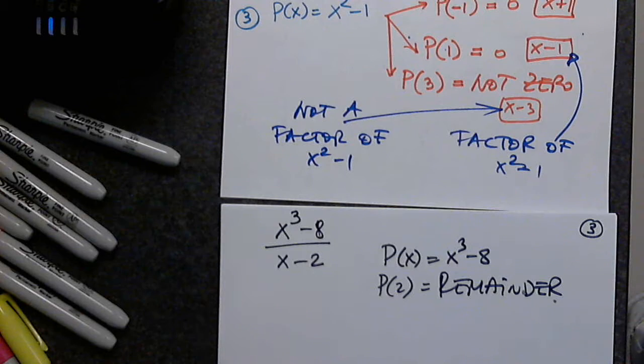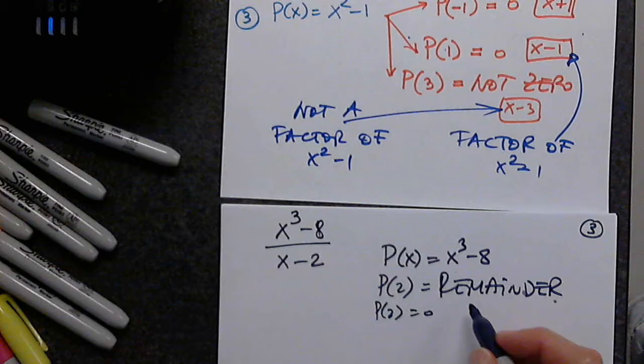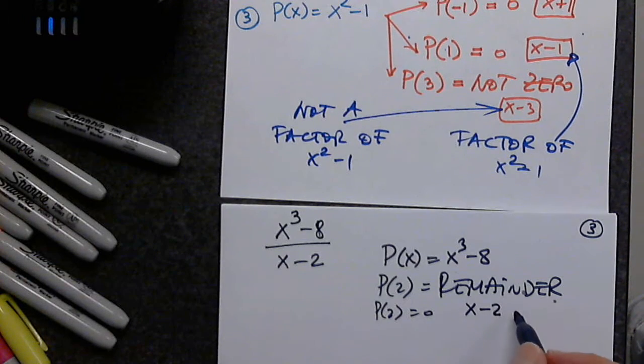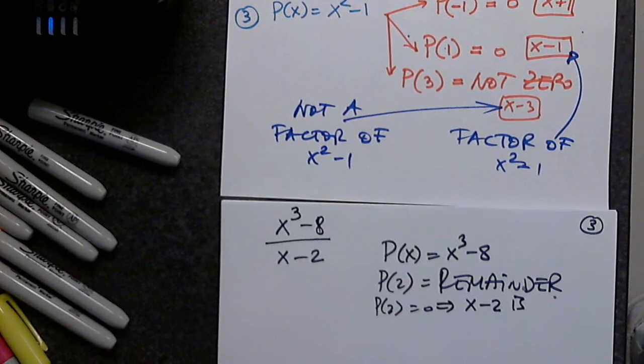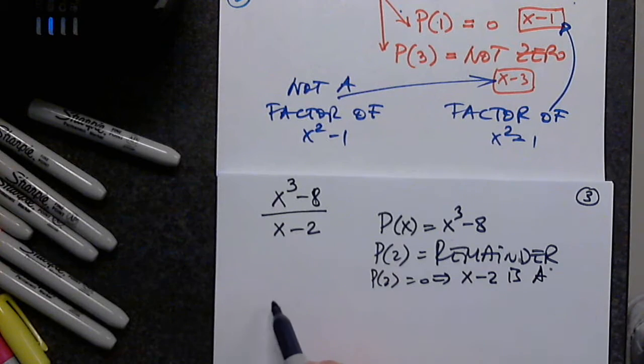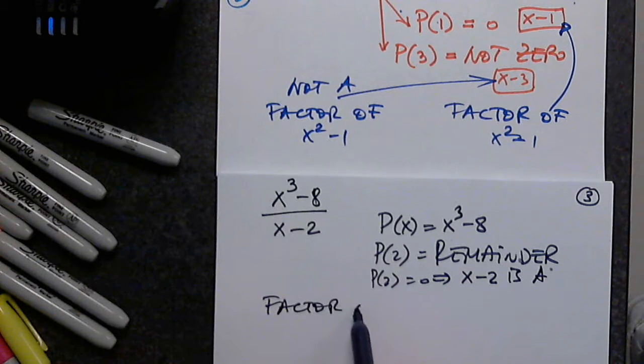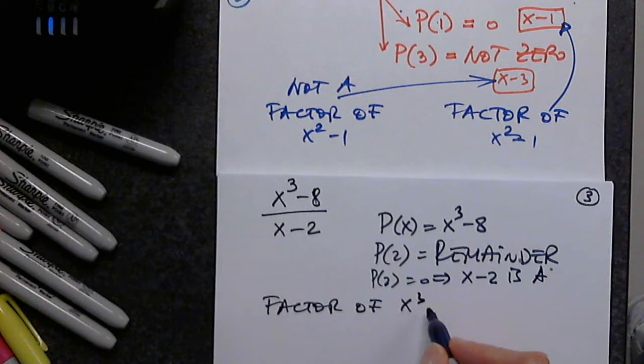I don't think that everyone gives them such a huge importance. They are very important. So since P of 2 is indeed 0, therefore, x minus 2 is a factor of x cubed minus 8. Very good.